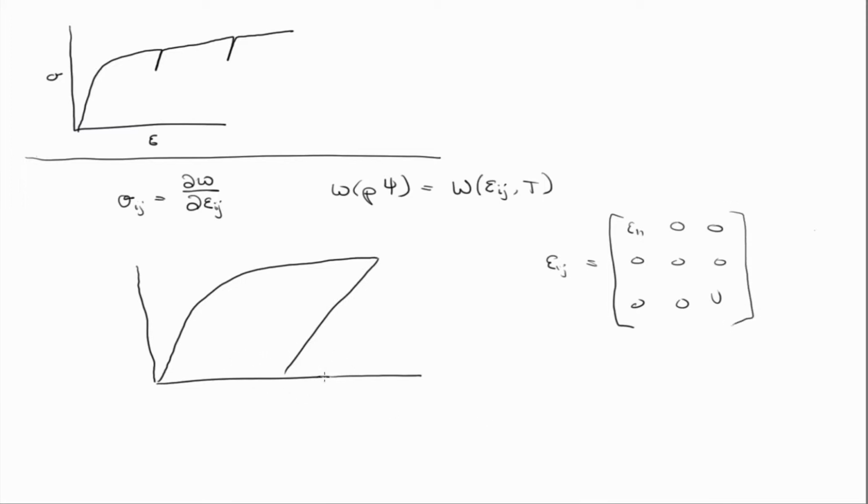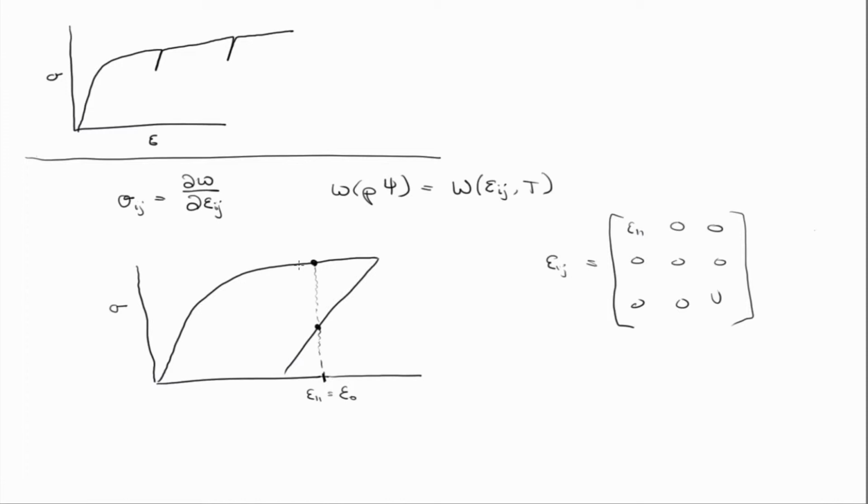Let's say I say sigma 1, 1 is equal to sigma 0, and I ask you what the stress is. This is stress on this axis, so I should just be able to draw a line up and read it off, right? Uh-oh, there's 2 values.